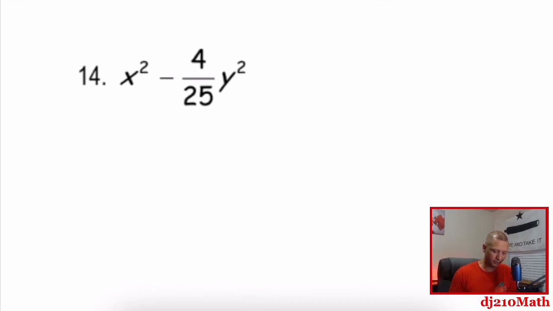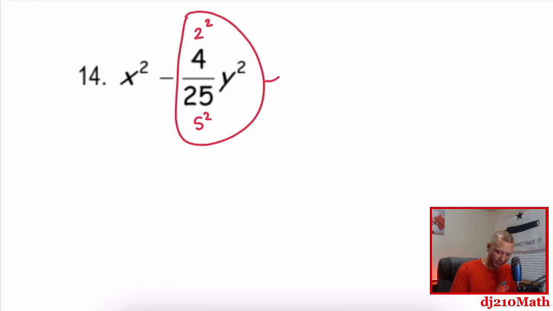Factor completely. So there's a difference of squares for sure. 2 squared, 5 squared. So all of this is really 2/5 y squared. Right, there's a square on everything. The square can pop out.